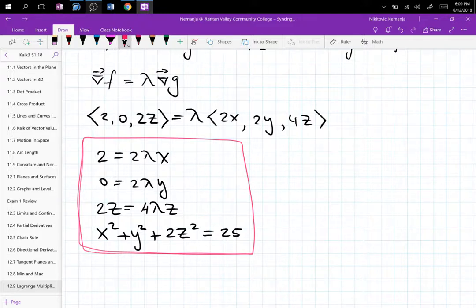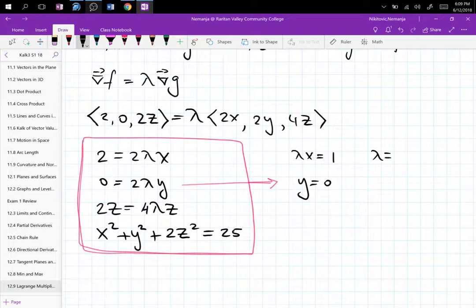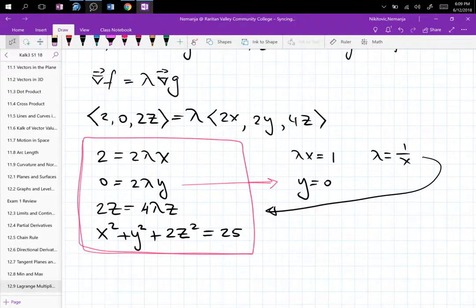So from this equation here, we have that y is equal to 0. The top equation tells us that lambda x is equal to 1, right? So lambda is 1 over x. And we can plug that here and kill lambda.